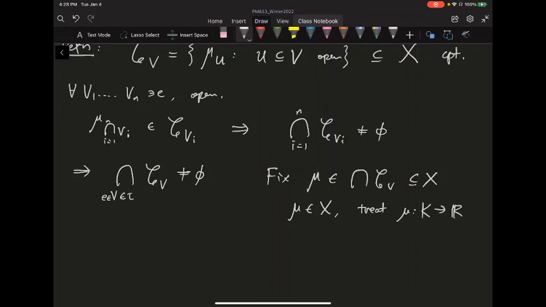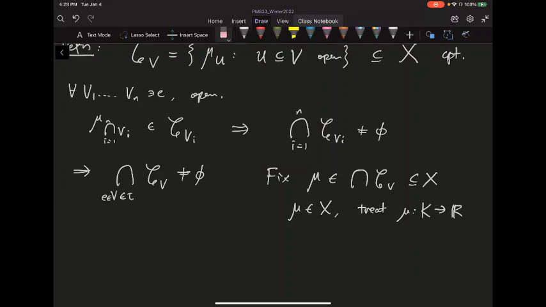So that's clear, and we need to try to extend it beyond these compact sets. The idea in the next few videos is that we extend this mu from compact sets to open sets and then to the upper class, and then we show that it is actually a random measure. So that's the idea.